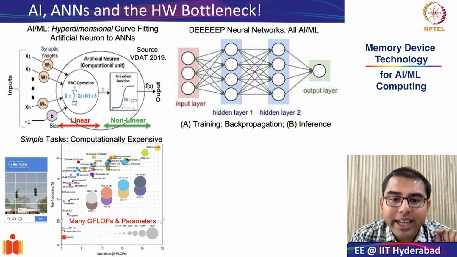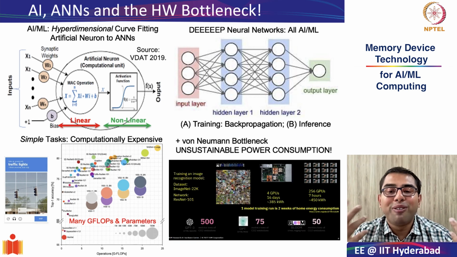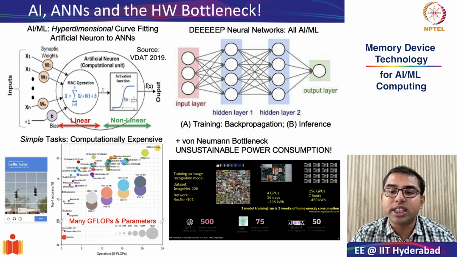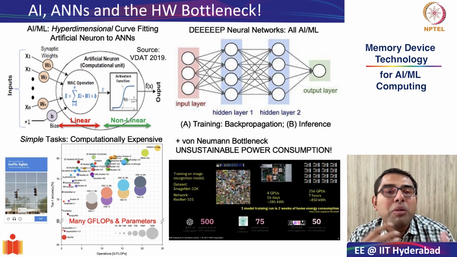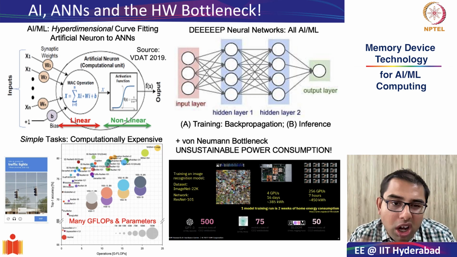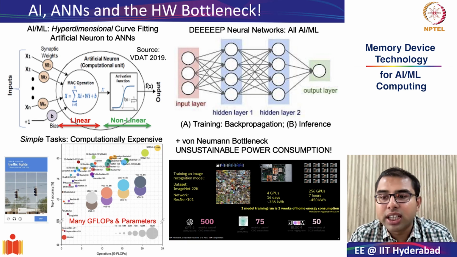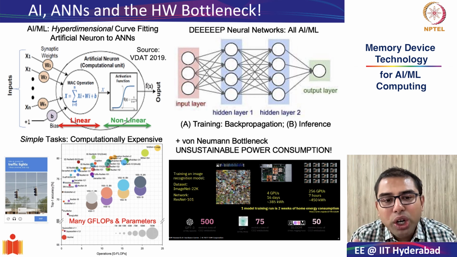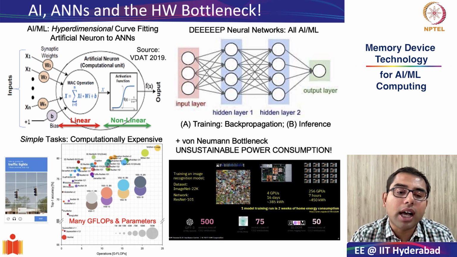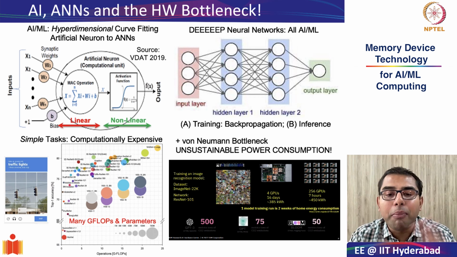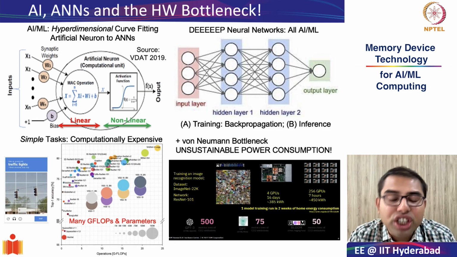So when you combine this massive thirst for computational resources with the severe penalties that the von Neumann bottleneck presents, we saw that even doing simple classification tasks takes large amounts of energy and power.